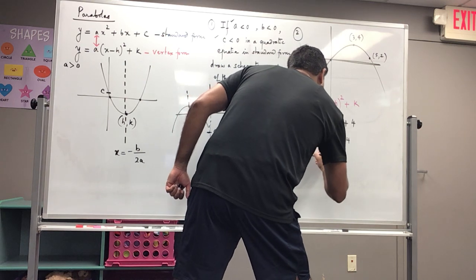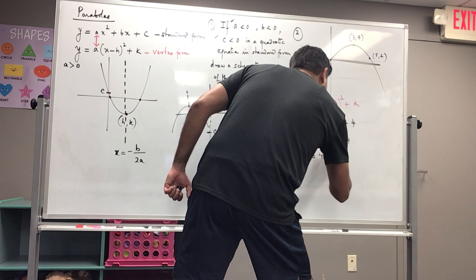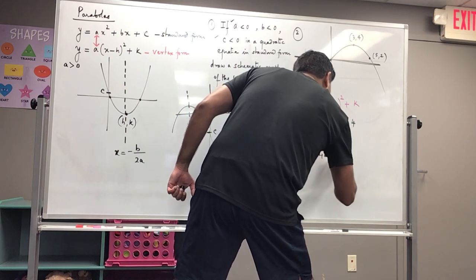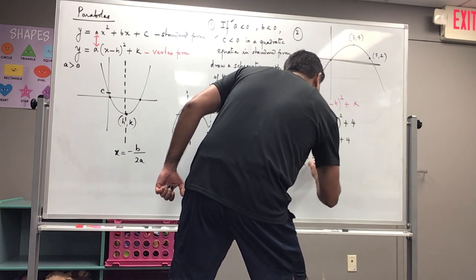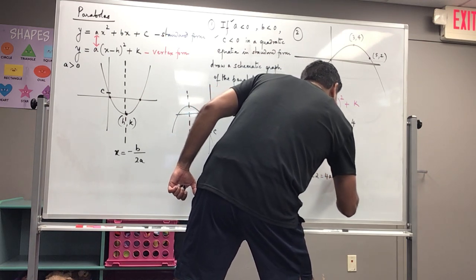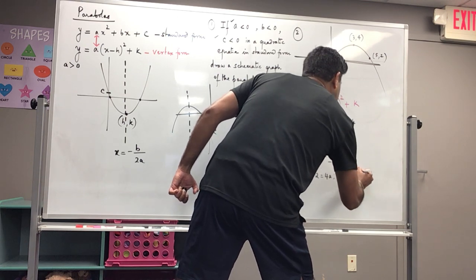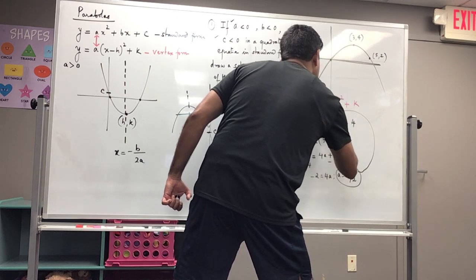So 2 is equal to 5 minus 3 is 2, squared is 4, 4a plus 4. So negative 2 is equal to 4a. a is equal to negative half. And that goes here.